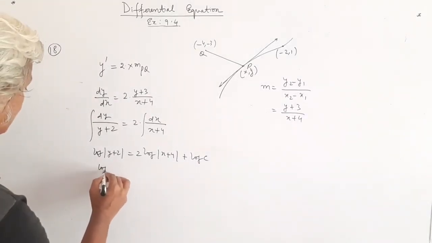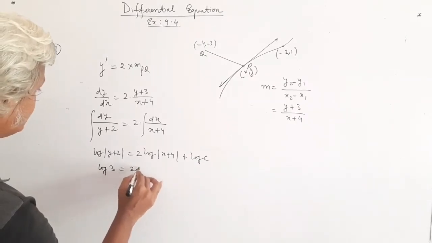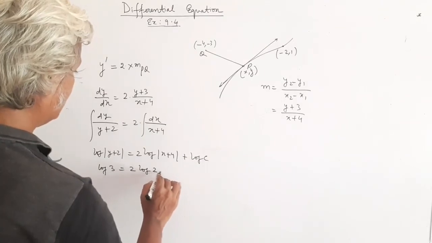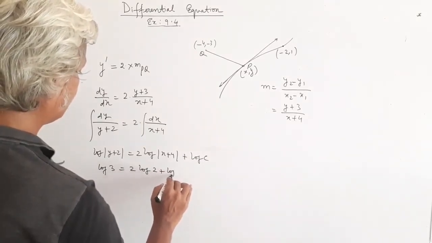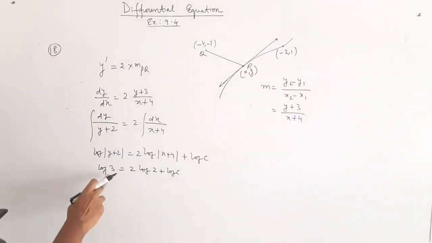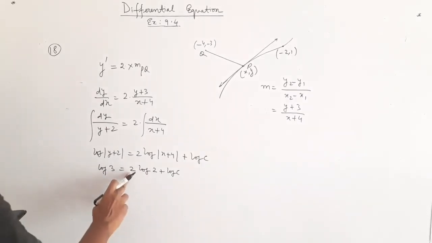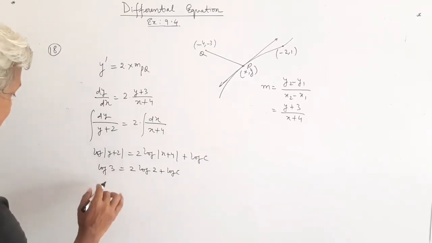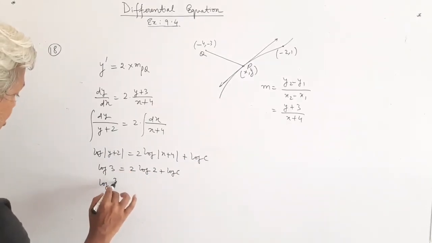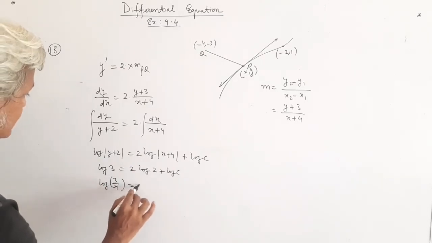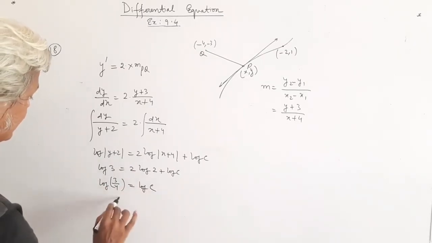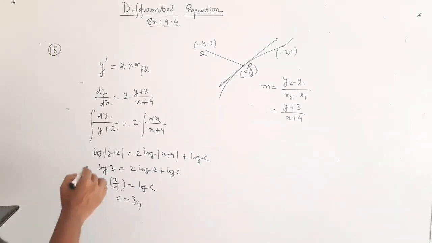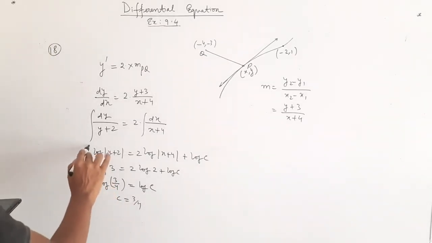So this becomes log 4 is 2 log 2, plus log c. Now what is log c? This 2 log 2 is nothing but log 2 squared, which is log 4, and this comes on this side, so it becomes log 4 over 4... therefore c is 4 by 4.